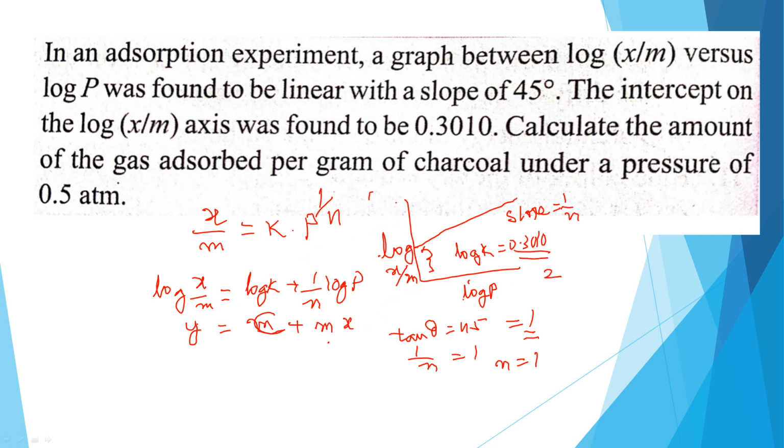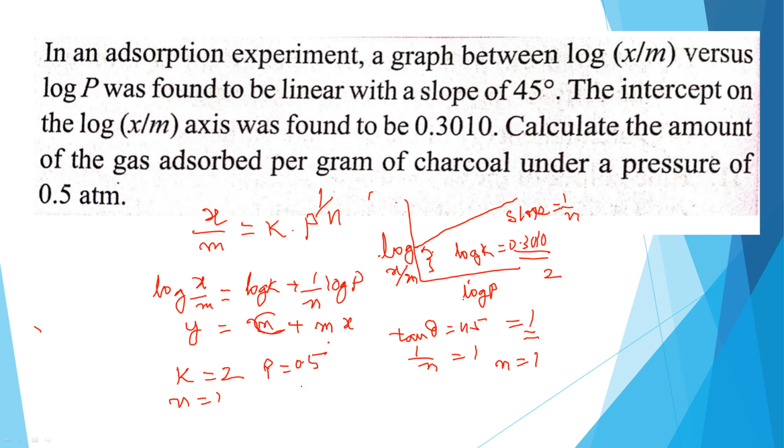So now k is equal to 2 and n is equal to 1. The pressure is given, P is equal to 0.5 atmospheres.